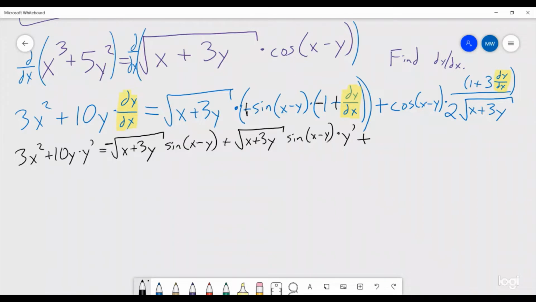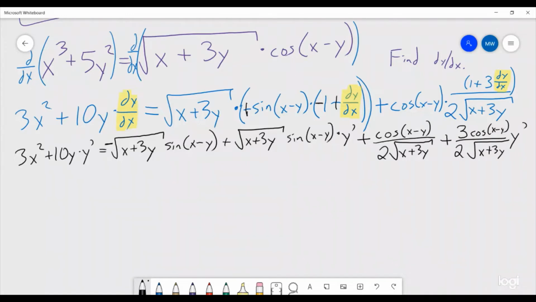plus, we're not done yet, we've got cosine of (x minus y) divided by 2 square root of (x plus 3y), and we have a plus 3 cosine of (x minus y) over 2 square root of (x plus 3y) times y prime.